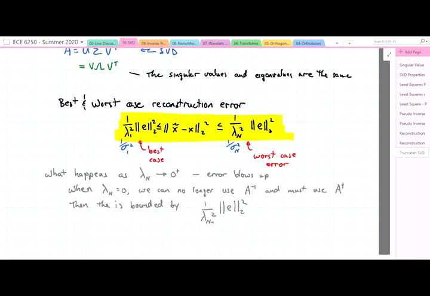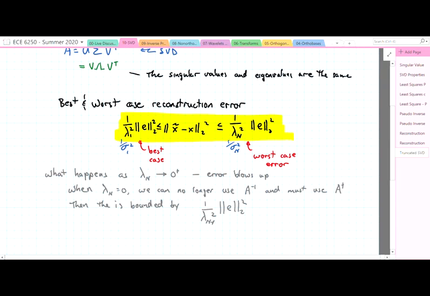It just gets rid of it, and suddenly the error is now bounded by the next one. So singular value decomposition is essentially inverting the matrix in every dimension it can, and in the one that it can't, it simply ignores it and does nothing with it.